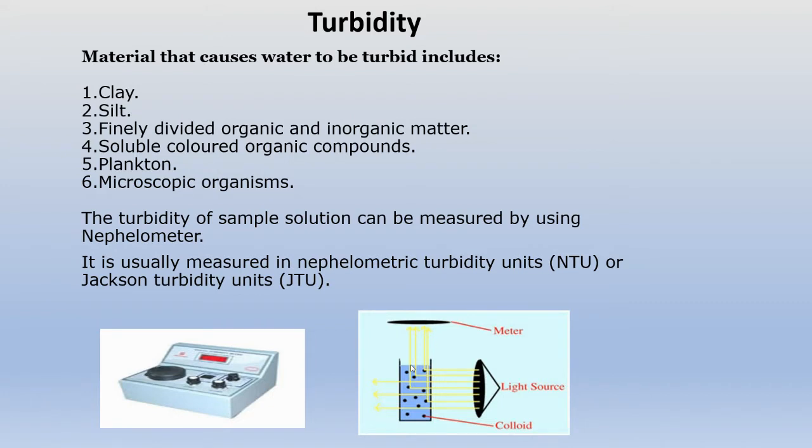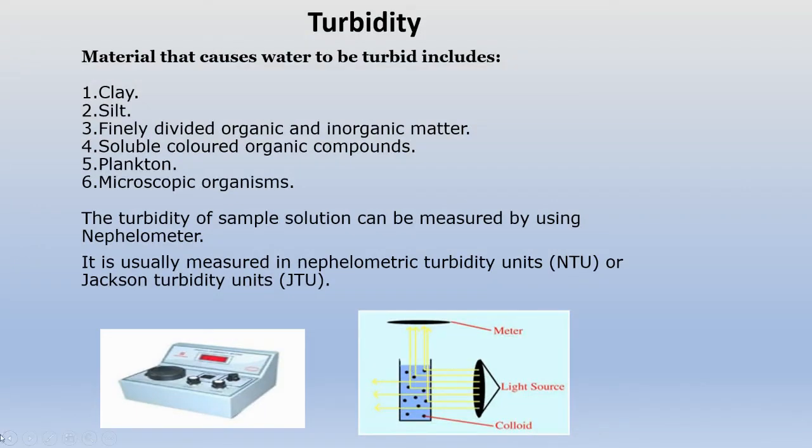And the turbidity of the sample solution can be measured by using a nephelometer. It is usually measured in nephelometric turbidity units, that is NTU. So NTU means nephelometric turbidity units, or Jackson turbidity units, JTU.